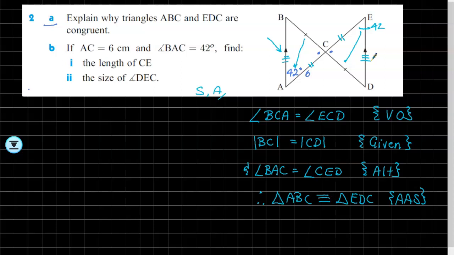So when they're asking what's the length of CE? Has to be 6. What's the size of angle DEC? Has to be 42. So once you've proved that triangles are congruent, then you can say that other things are the same. Agreed? Hello? Congruent.